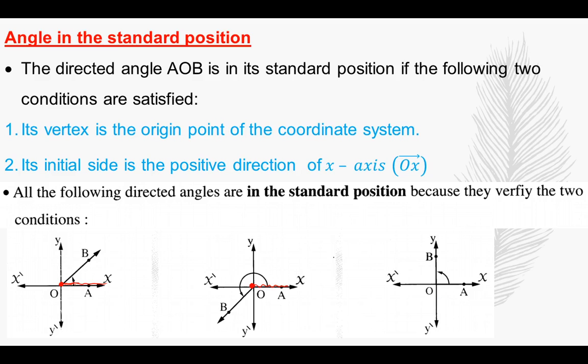And you can see here in figure 3, angle AOB, its vertex is the origin point, and its initial side is OX, which is the positive direction of the x-axis. So we can say that angle AOB is a directed angle in the standard position.